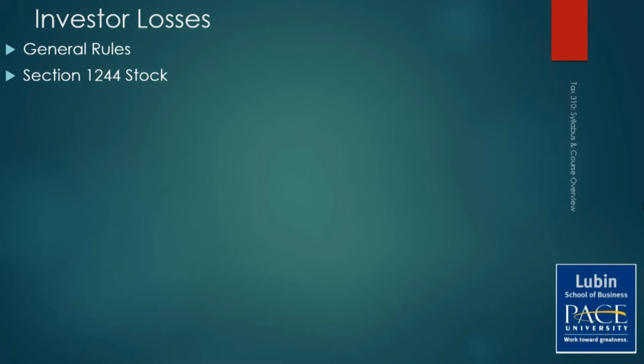So if you have like a $50,000 loss, you can imagine a scenario where someone would be anxious to take those losses, accelerate those losses a little bit. Well, that's where Section 1244 stock comes into play. Section 1244 is a provision that essentially seeks to encourage moneyed individuals to invest and take risks.